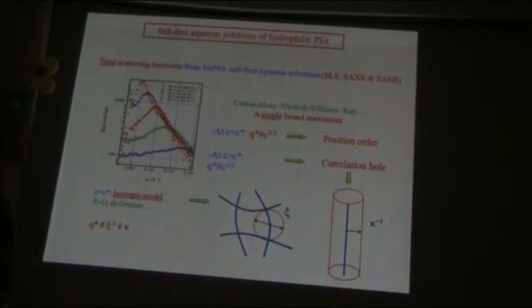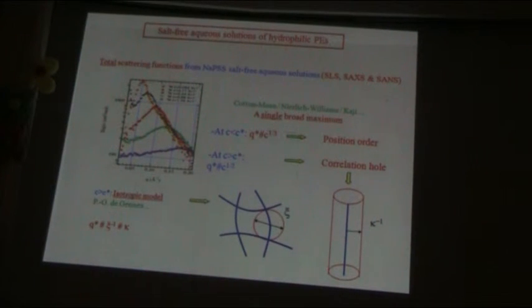So when you change the concentration, you change the position, because the volume of the correlation hole changes with the concentration via the Debye screening length. So you see, you have a peak, but you have no translational order, no orientational order. You have a perfectly disordered system.